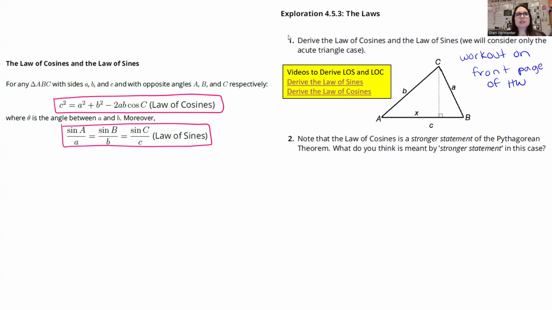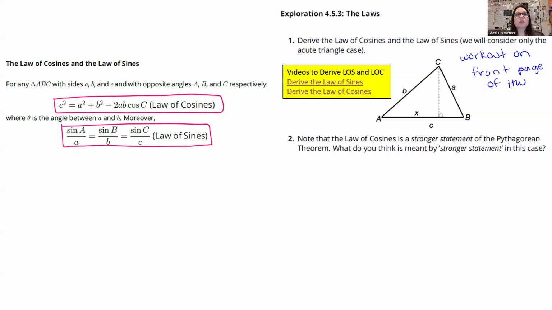Deriving the law of cosines is the first question in this exploration. On the front page of your homework, you have a question. As a reminder, you have solutions posted on the Canvas page.